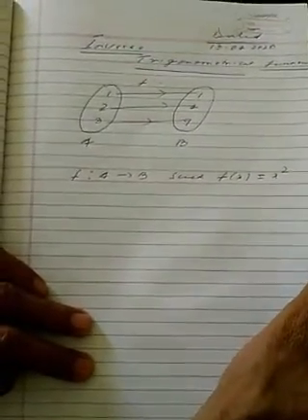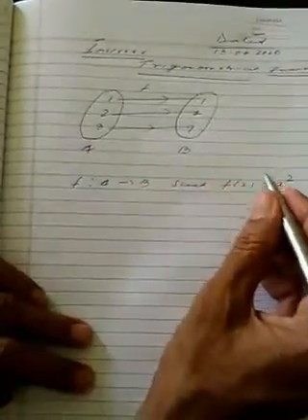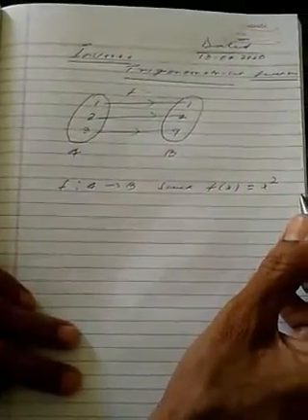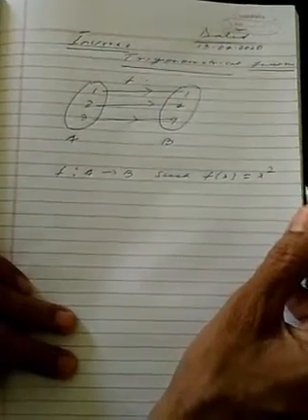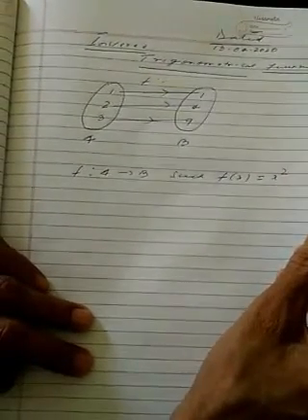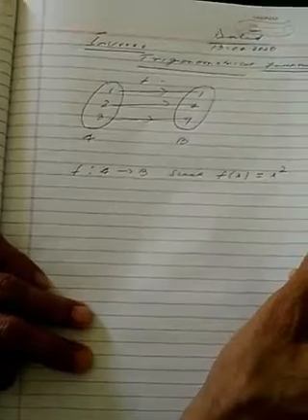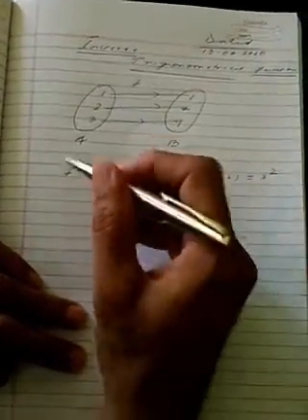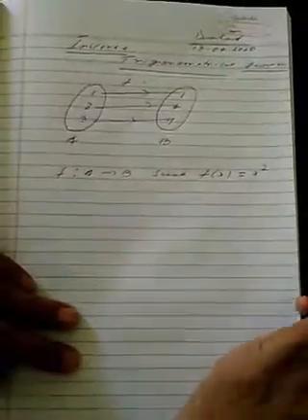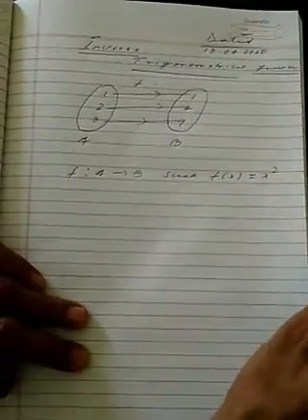Every member of set A has a unique image in set B, and this is a function. So again I am repeating, a function is a mathematical operator which operates a well-defined relation between two sets. Here every member of set A has a unique image in set B.